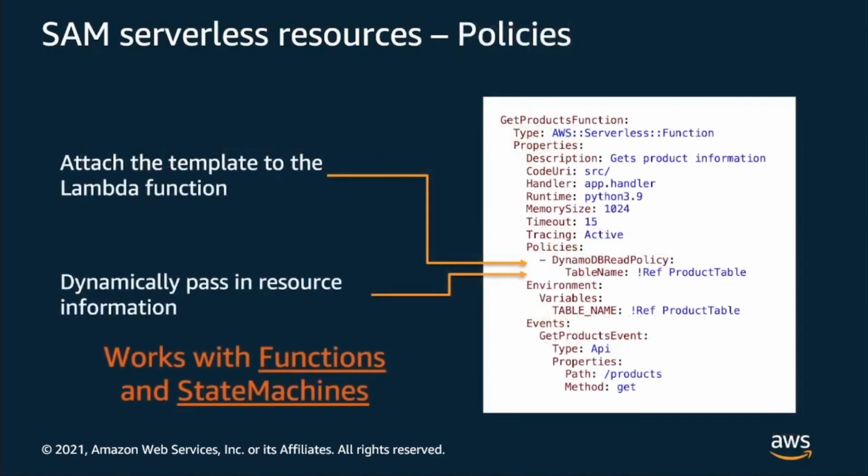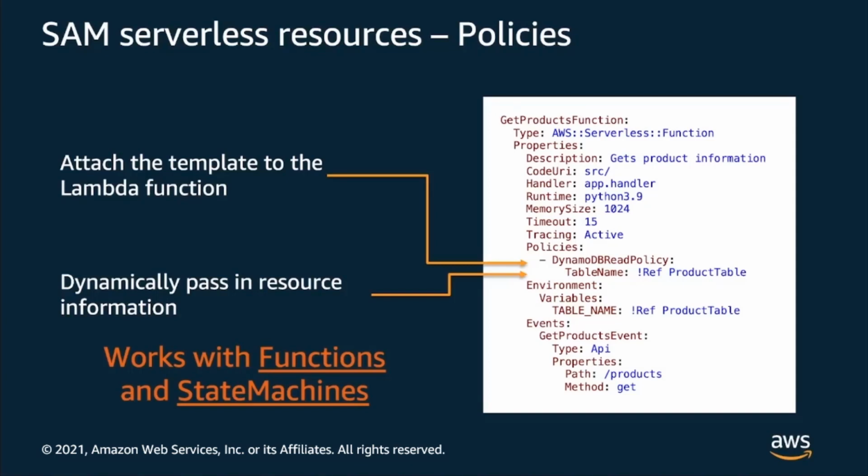Now, how this works is in your SAM template, you're going to say, here's the policy I want. It's just the name of that policy, DynamoDB read policy. And you say the table that I want it to apply to is the product table. And this table will be created further down in the template, or it's a table name you may already have. But the idea here is this is a very granular, least privilege permission.